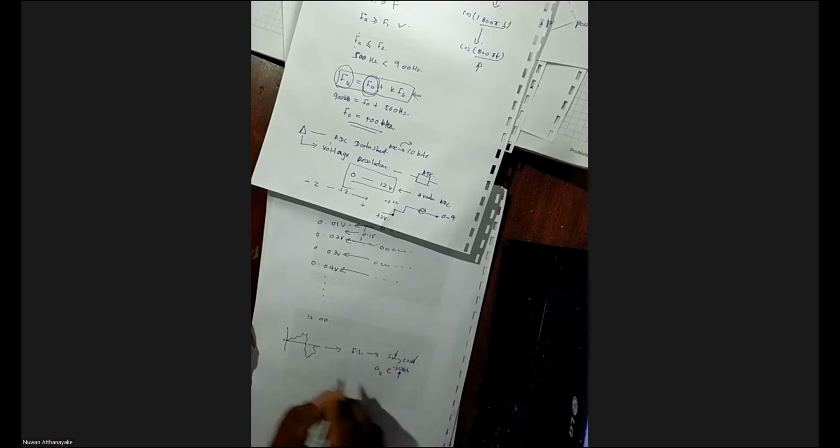It is said that this kind of composite signal has a highest frequency component, F max, of 10 kilohertz, and we are asked to find the Nyquist rate. You know that the Nyquist rate should be twice the maximum frequency, so it will be 20 kilohertz.